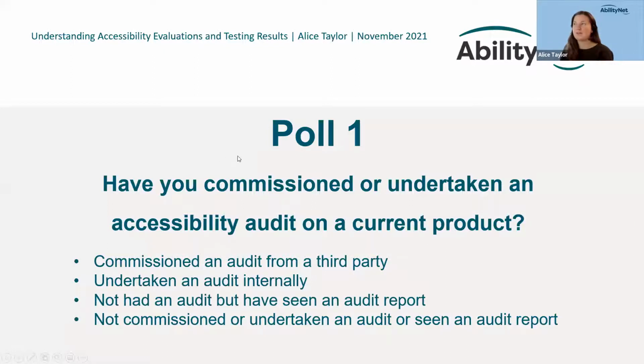So we're going to start with a poll. I'm going to launch the poll in a second. Depending on how you've accessed this webinar, it might not appear on your screen. If it doesn't, just pop your answer in the chat. But I'll launch the poll now. The poll's now been launched. The question is, have you commissioned or undertaken an accessibility audit on a current product? And the options are commissioned an audit from a third party, undertaken an audit internally, not had an audit but have seen an audit report, not commissioned or undertaken an audit or seen an audit report.